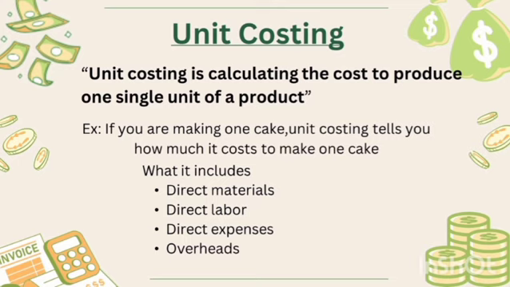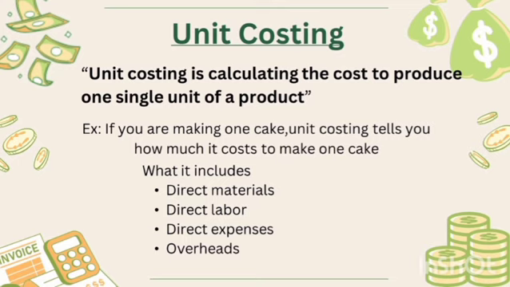Unit costing includes four main cost elements. Direct material. These are the raw materials used to make the product. Direct labor. This is the cost of the workers who directly help to make the product. Direct expenses. These are other direct costs.